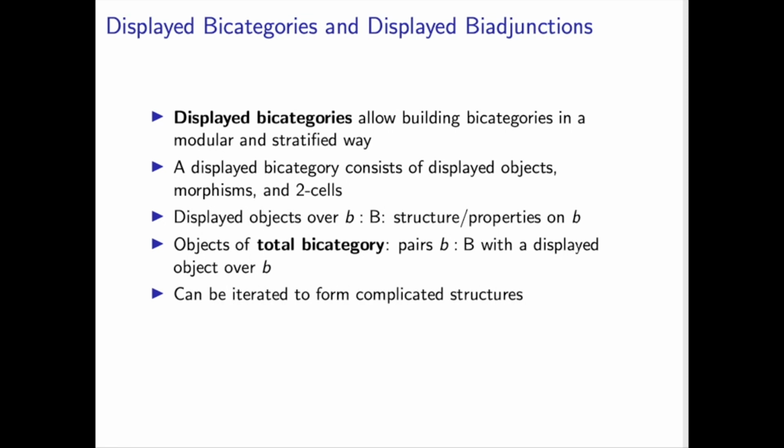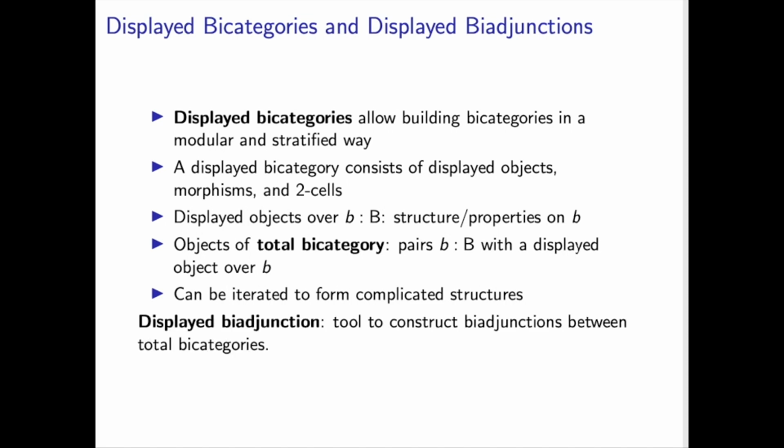Displayed objects here represent the path constructor. Again, we take the total bicategory, and after that we define one more displayed bicategory, of which the objects represent the homotopy constructor. So each piece of data is represented by one displayed bicategory, and they are all untangled.